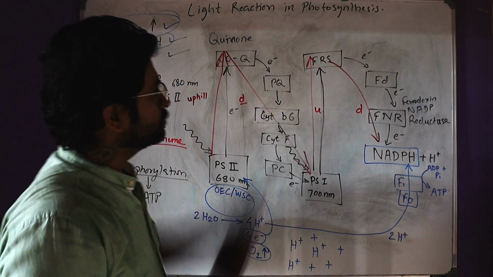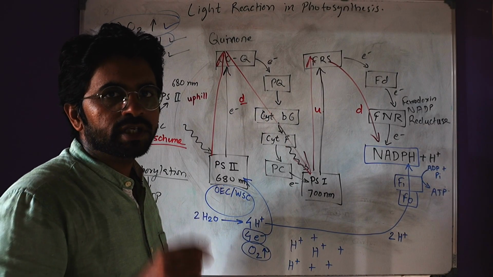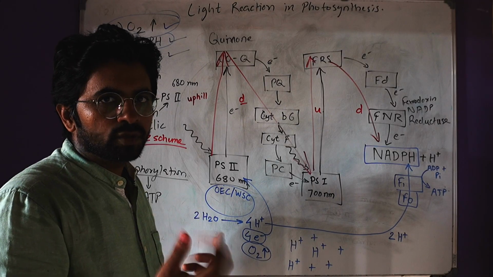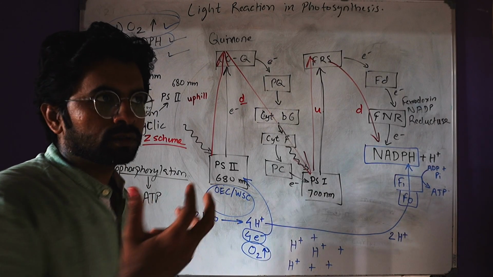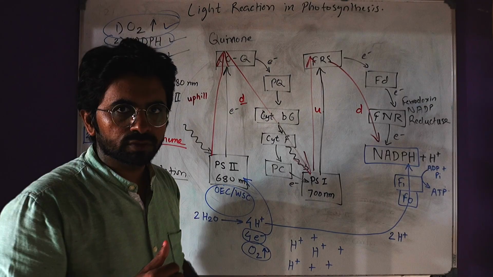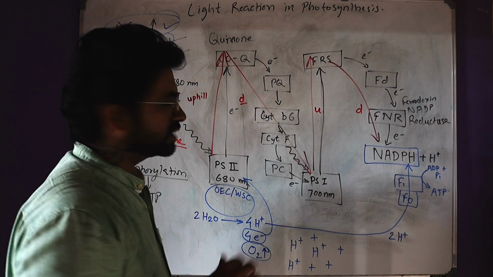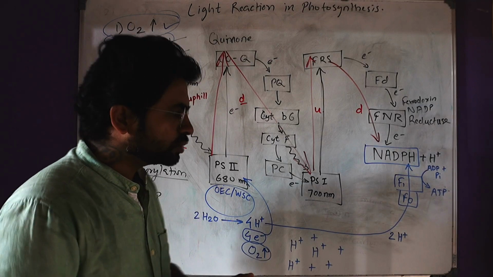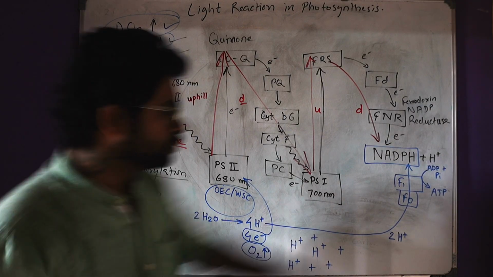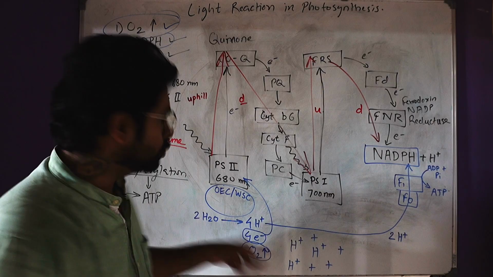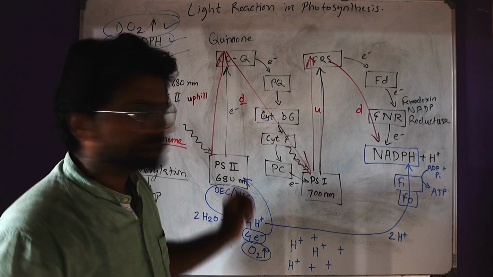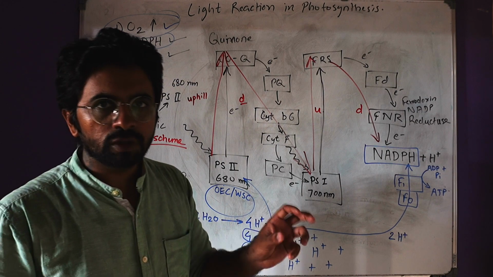Plastoquinone is not only an electron transferring protein, it is also a proton transferring molecule. We will see how it transfers protons later. It is not that easy that if two protons produce one ATP, four protons will produce 2 ATP, because there is a hydrogen pump involved.